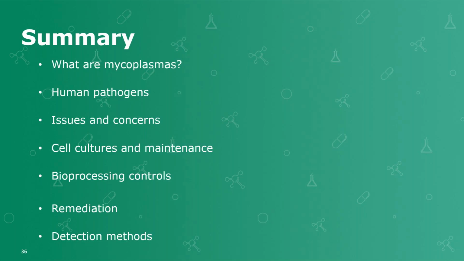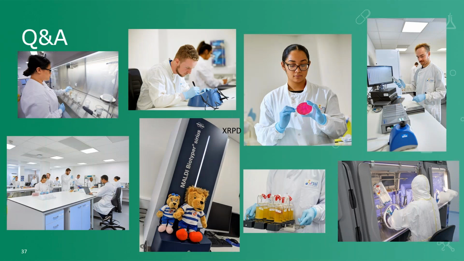We looked at the issues and concerns that are presented to cell cultures, the importance of looking after cell cultures and maintaining them properly. We looked at some of the bioprocessing controls, some of the remediation strategies should cultures be infected, and then we round up with looking at the common detection methods. So thank you very much for your attention so far, and I'll hand over to Annette for the Q&A.